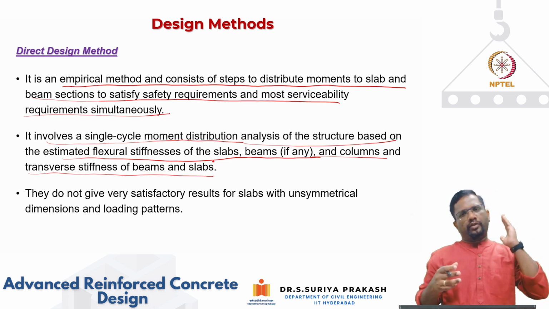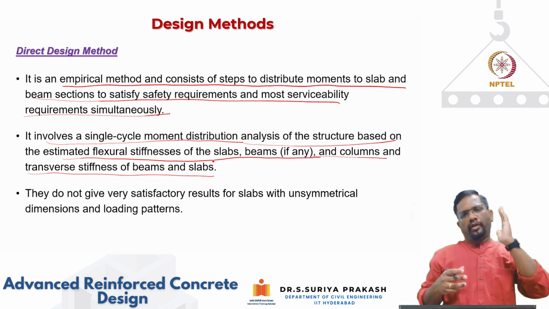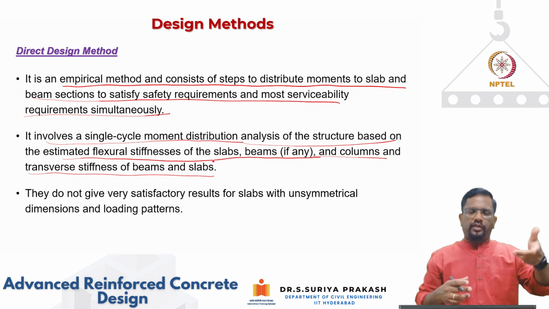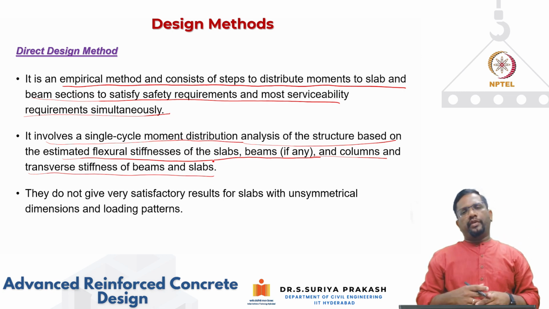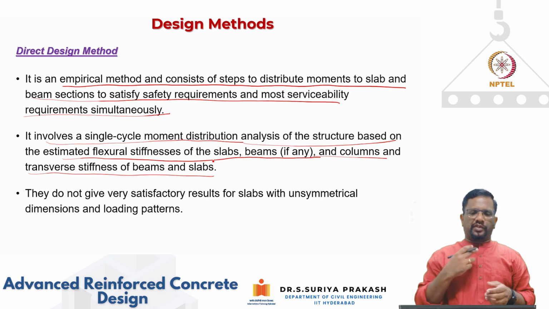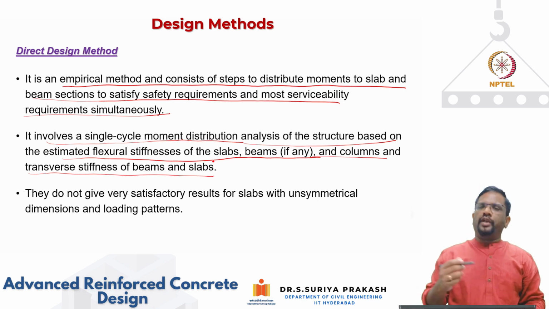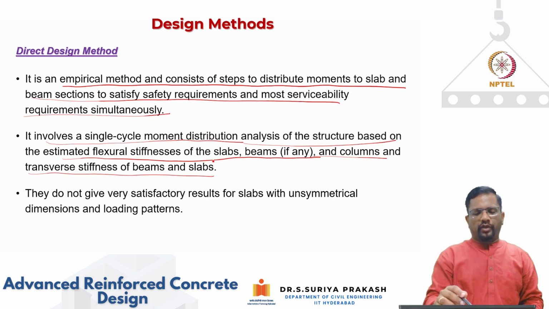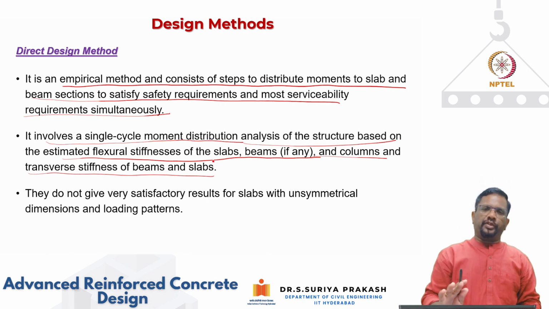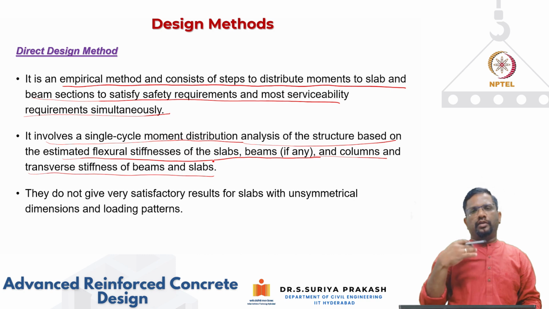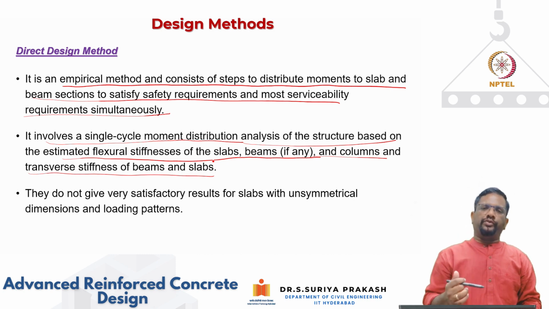In addition to that, you're also going to have a beam in the perpendicular direction that is going to behave in torsion. So the torsional stiffness of this transverse beam also has to be included in the stiffness calculations. In other words, this is a simple method where we do only a single cycle moment distribution and the code is directly giving you the values for moment coefficients that can be used.